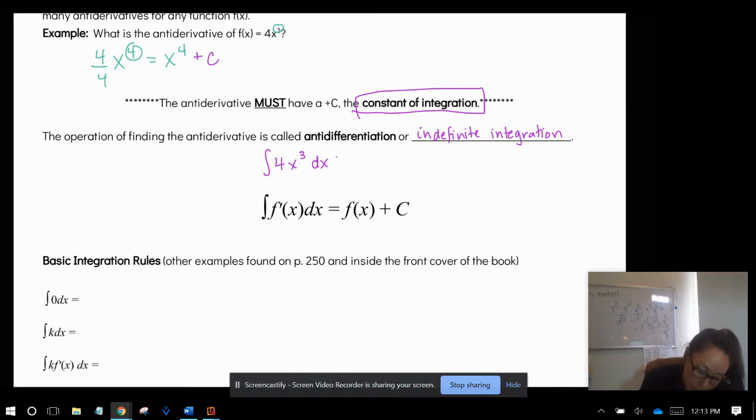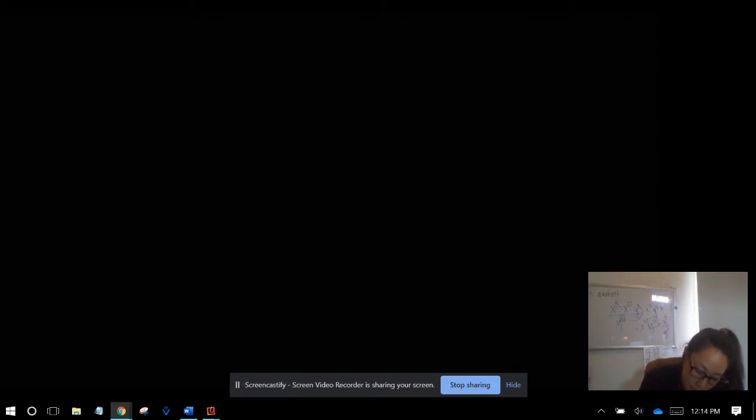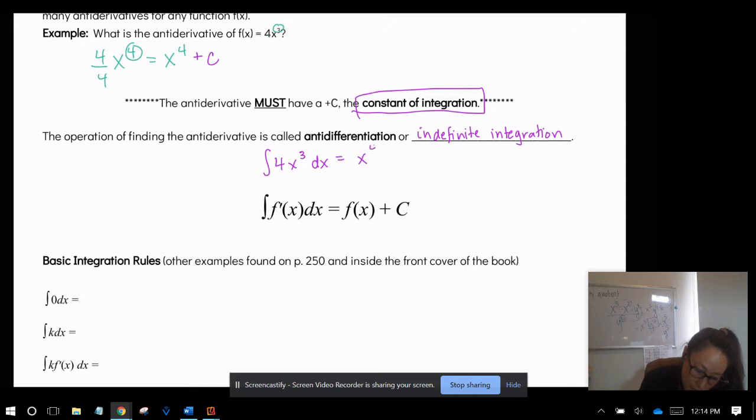And what we got was our original function of x to the fourth plus our constant of integration. Break this down a little. This sign here is the integral symbol or operation.